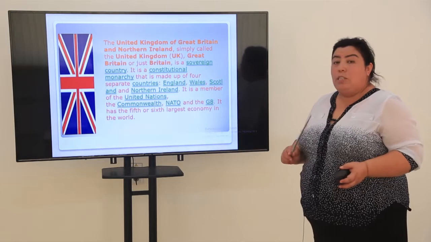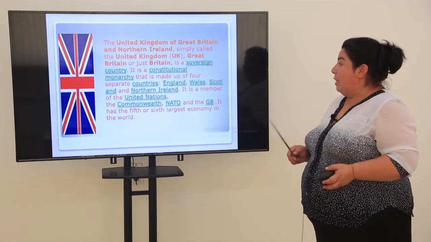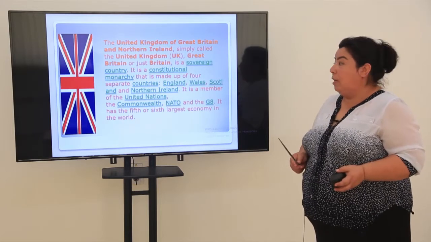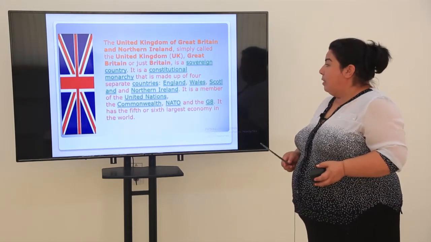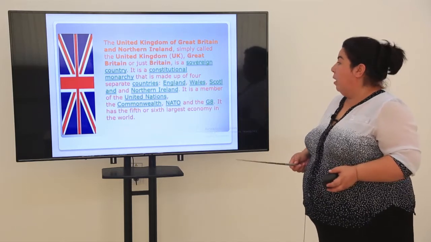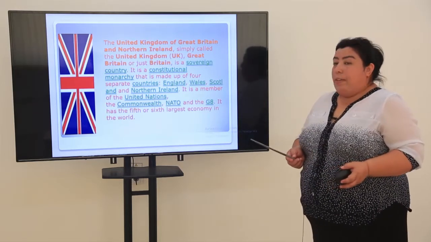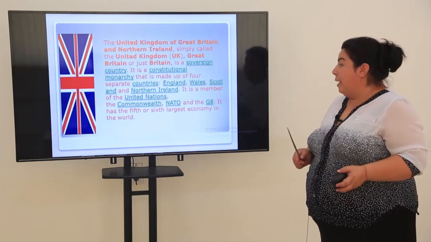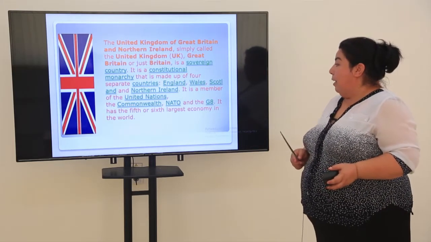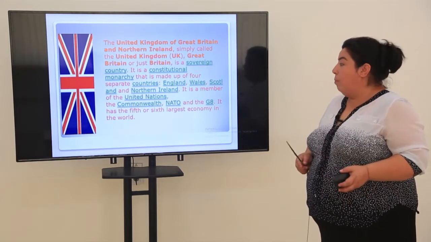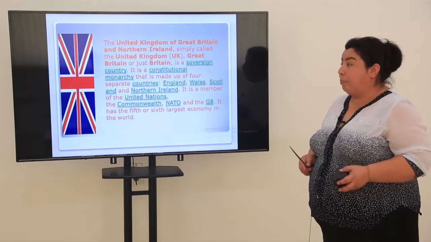It is a constitutional monarchy that is made up of 4 separate countries: England, Wales, Scotland, and Northern Ireland. It is a member of the United Nations, the Commonwealth, NATO, and the G8. It has the 5th or 6th largest economy in the world.